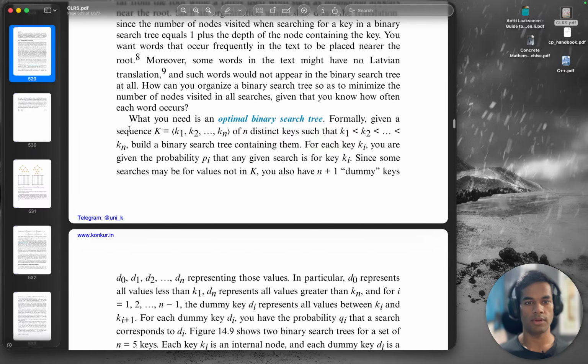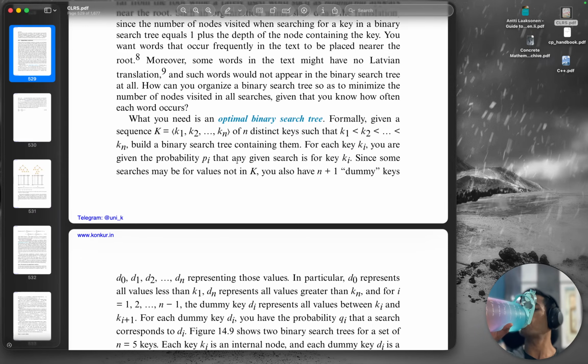Formally, given a sequence K = <k1, k2, ..., kn> of n distinct keys in sorted order, build a binary search tree containing them.